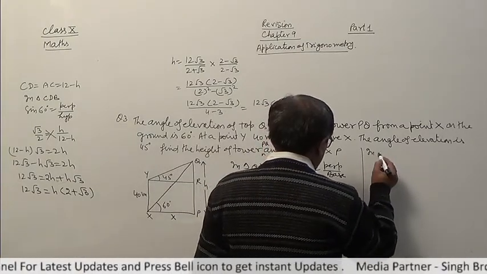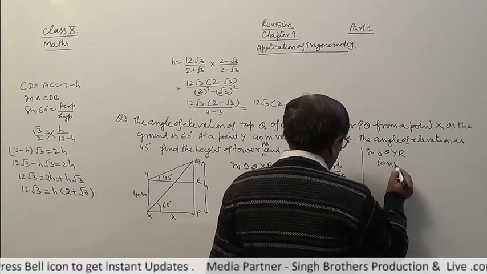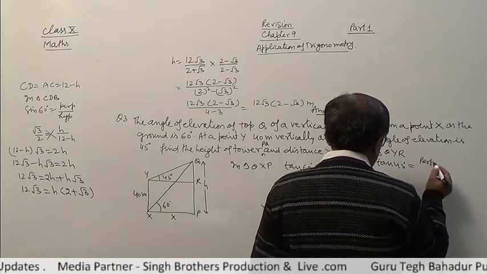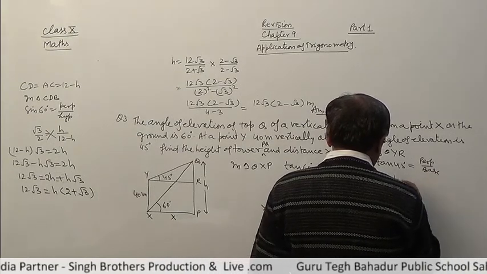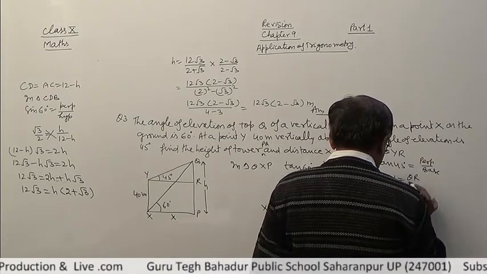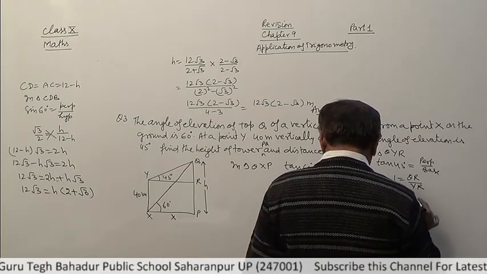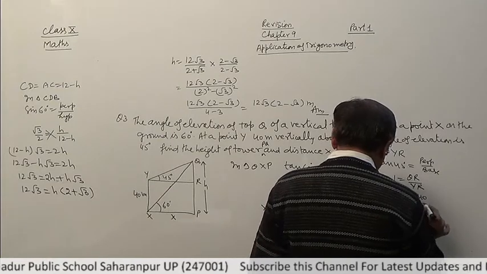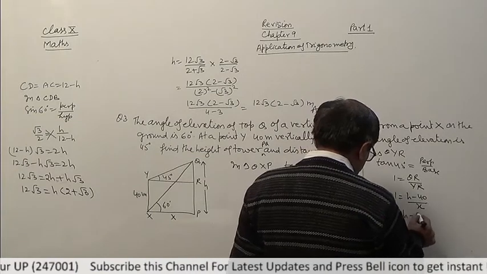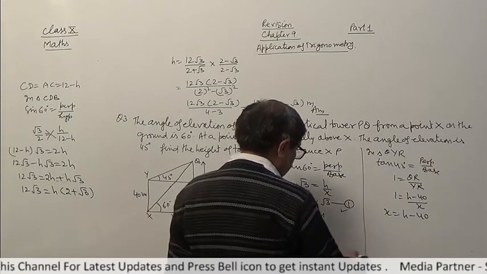In triangle QYR, tan 45 is equal to perpendicular upon base, 1 is equal to QR upon YR, 1 is equal to h minus 40 upon x, and x is equal to h minus 40. Value of h is x root 3.